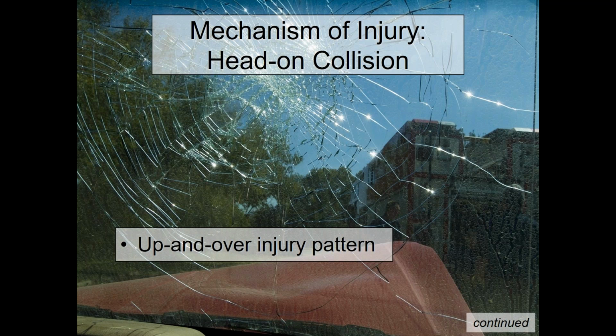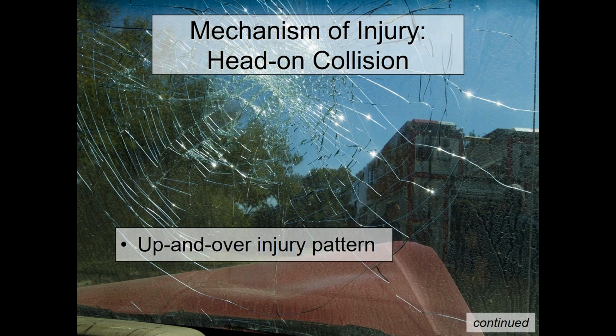So it takes a lot of force and is likely to have caused a lot of injury with this up and over injury pattern for an unrestrained passenger or an unrestrained driver. The driver has an extra added little tidbit of hitting the steering wheel when he comes up out of his seat and forward up over onto the dash. So we'll have head injuries, we'll have injuries to the chest, we may have lung injury, injury to the heart.